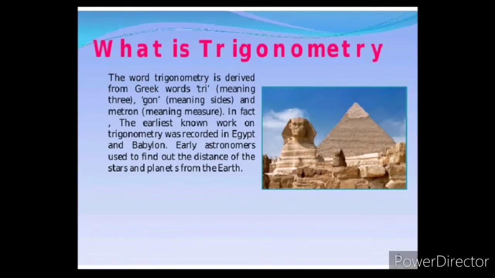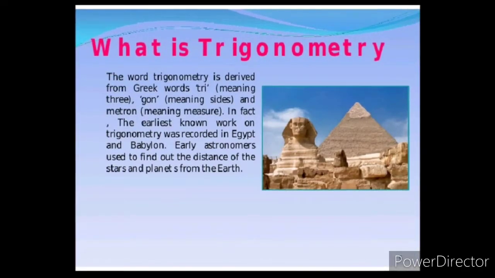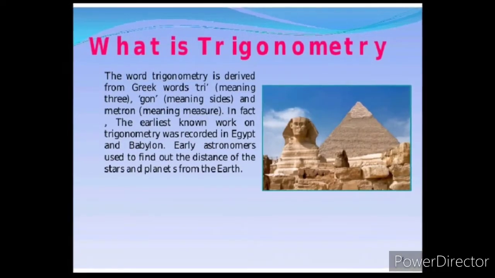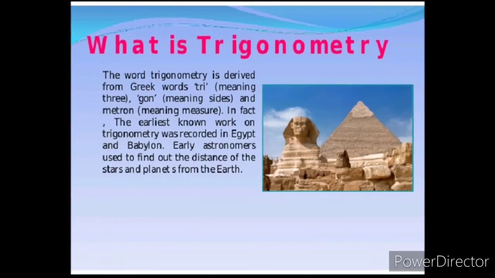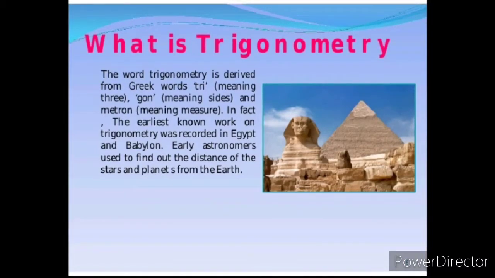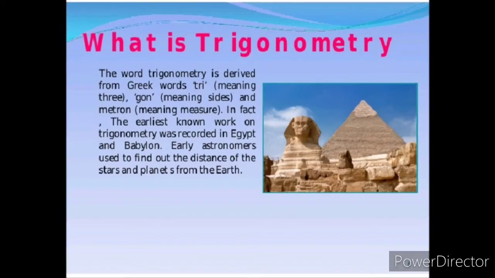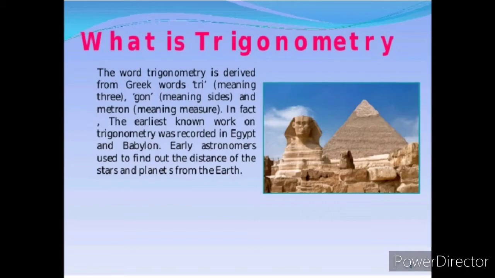What is trigonometry? The word trigonometry is derived from Greek words: tri means three, gon or gonia means sides, and metron means measurement or measure. In fact, the earliest known work on trigonometry was recorded in Egypt and Babylon.